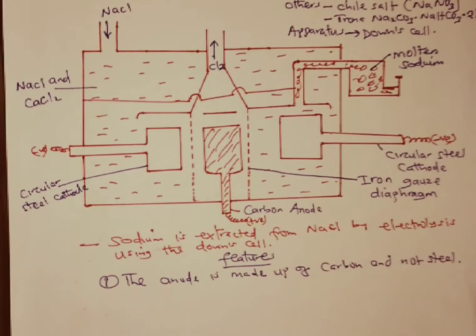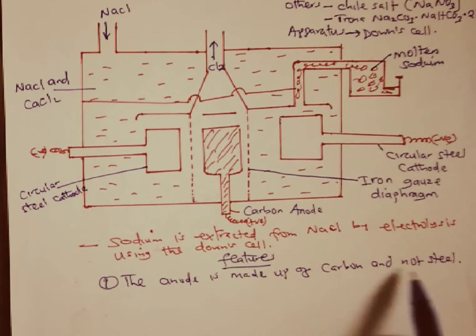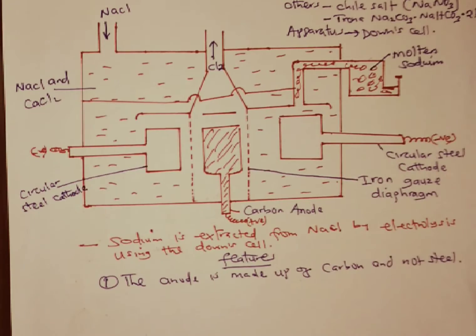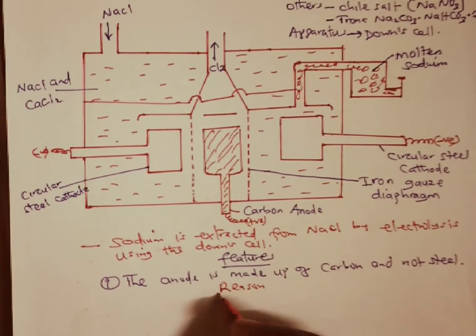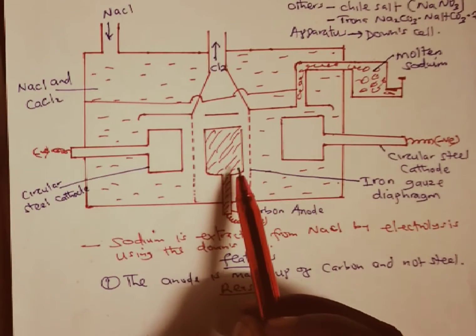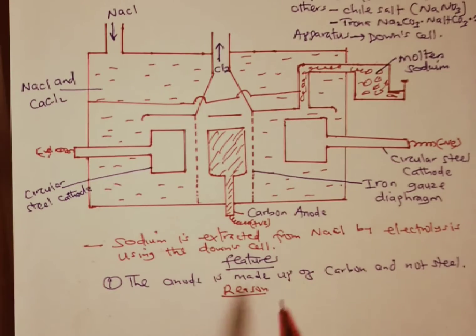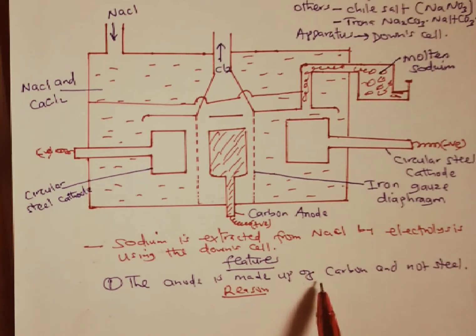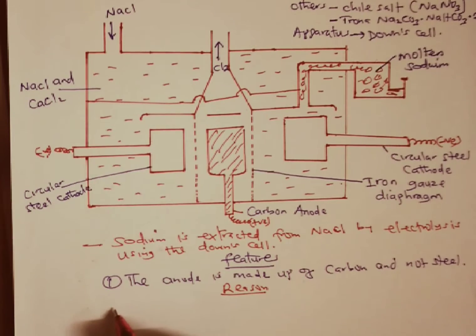Steel is iron. So there is a reason why the anode is made up of carbon and not steel. In this case, we can give out the reason. And the reason is the chlorine gas that is formed during electrolysis does not react with the carbon anode. So that is the reason.